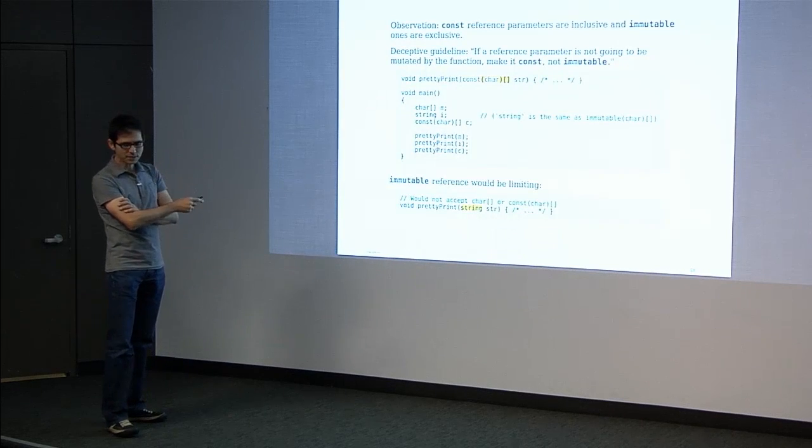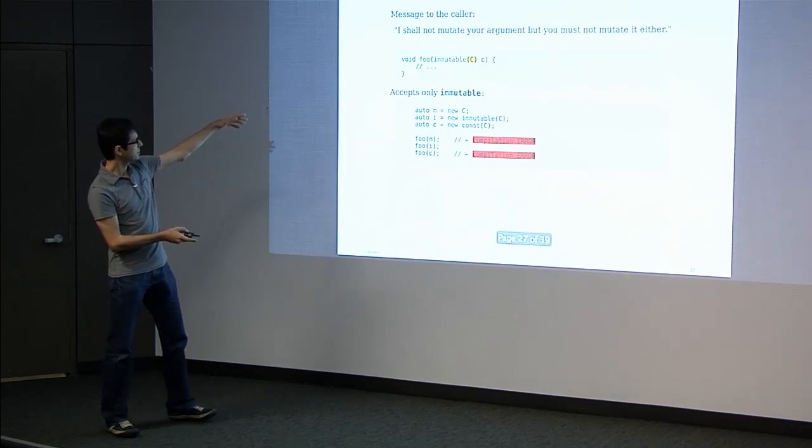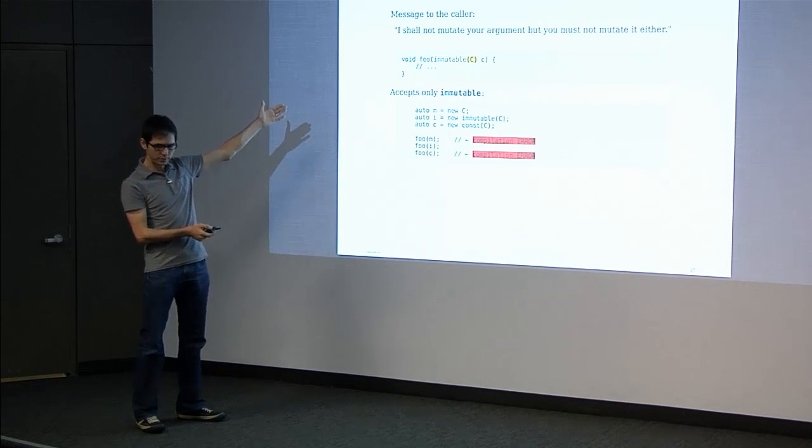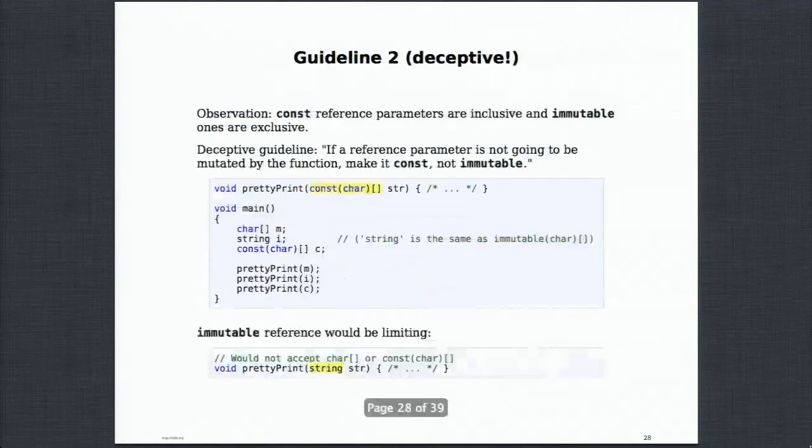So again, just by looking at this one, the earlier one, if I make the parameter immutable, I'm limiting my callers. So we can say, again, a useful guideline is this one. If a reference parameter is not going to be mutated by the function, make it const, not immutable. This looks like a nice guideline because now I have this pretty print function.